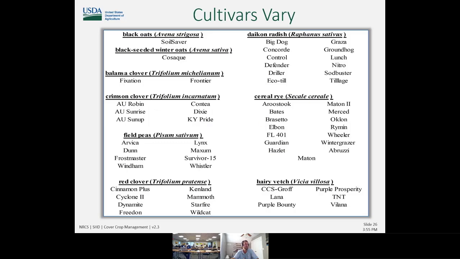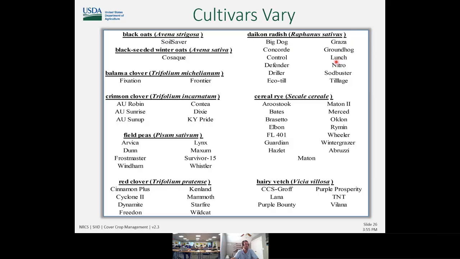Also think about radishes, things like Ecotill or Driller or Sodbuster. Those could have been bred to focus on compaction alleviation, while things like Control or Defender may have been developed for nematode control. And things like Graza or Lunch could be bred more as a forage radish, used for supplemental grazing.